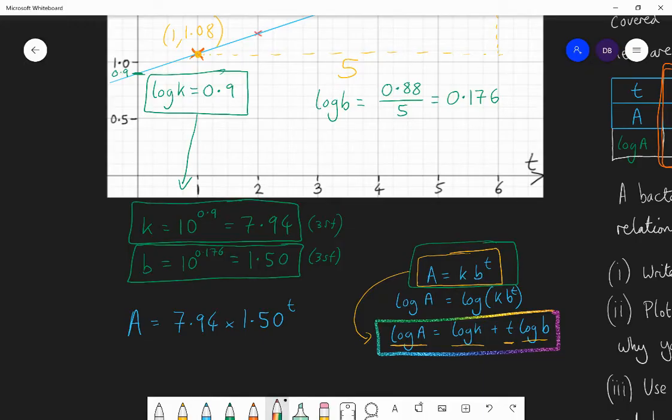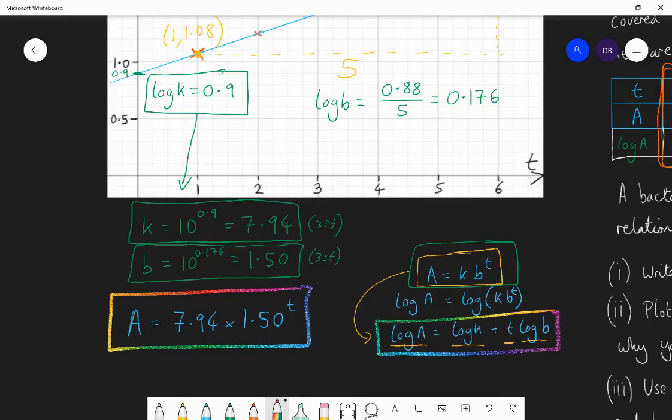So that is now our equation that links a and t. It means really probably that when we started timing the process, it started with an area of 7.94 millimeters squared, and that every hour it'll increase by 50%. If we're multiplying by 1.5 for every unit of time, it'll increase by 50% every unit of time.